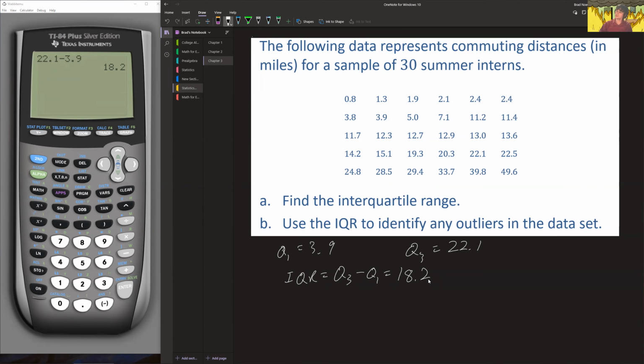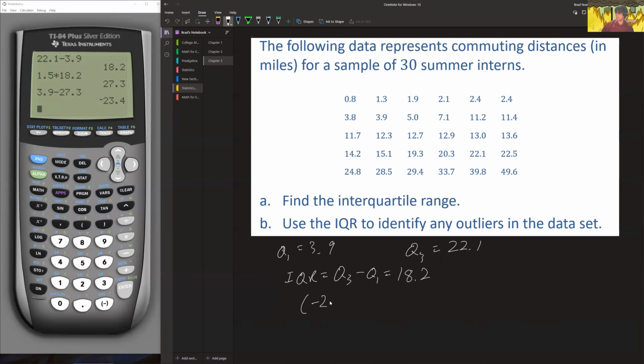So what I'm going to do is take 1.5 times 18.2, which is 27.3. I'm going to add this number to my third quartile and subtract it from my first quartile. So I'm going to take 3.9 minus 27.3, which is negative 23.4.